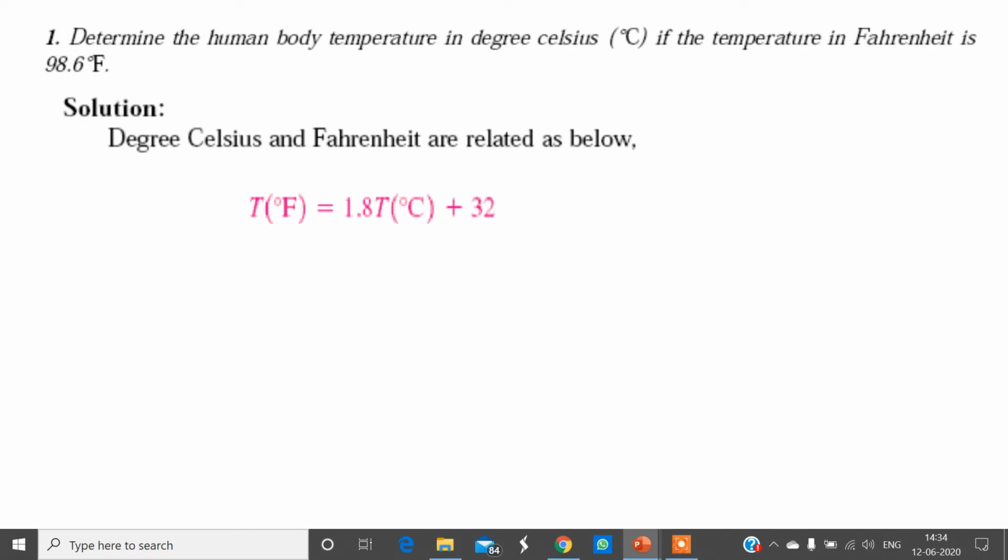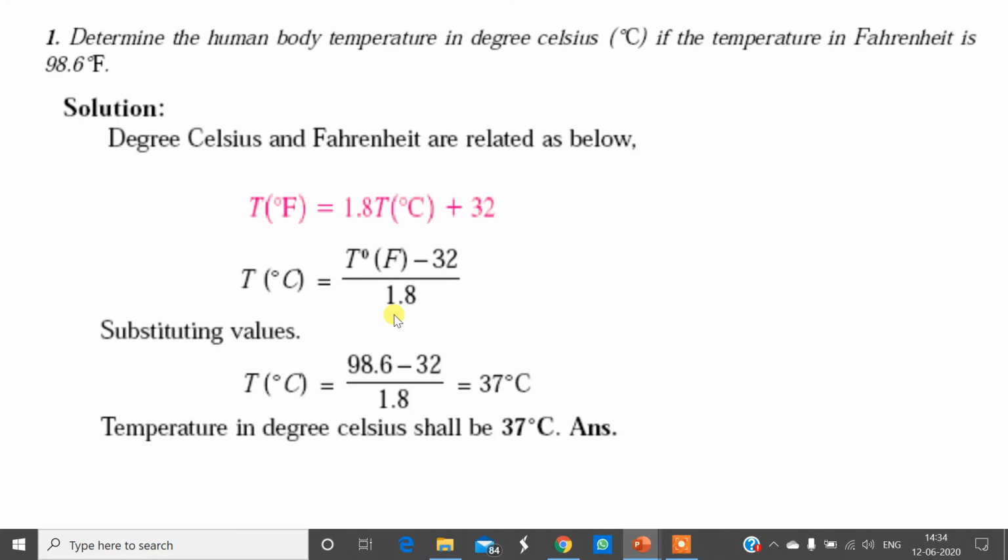Taking temperature in Celsius on the left hand side, it is equal to temperature in Fahrenheit minus 32 upon 1.8. Substituting the values, 98.6 minus 32 upon 1.8 is equal to 37 degrees Celsius.